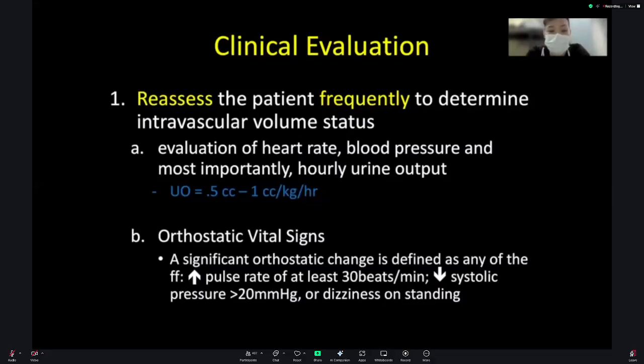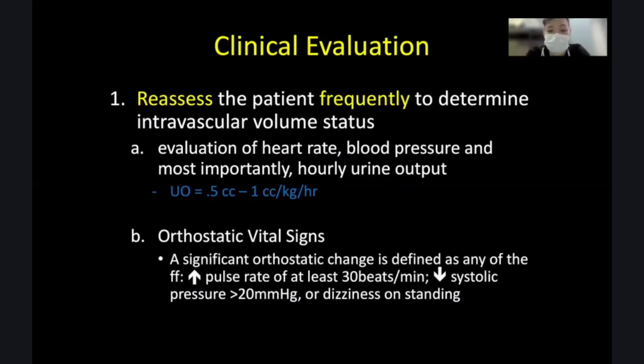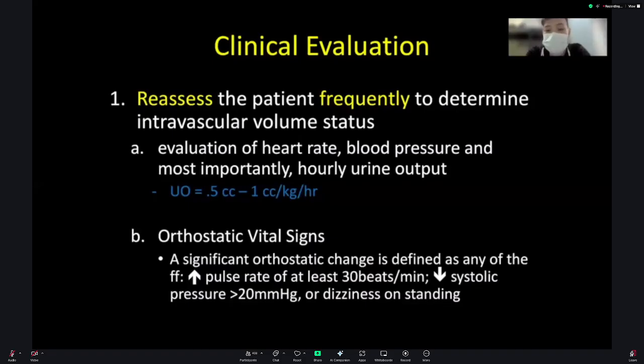This is very important. And how do you assess this? Clinically, you assess the heart rate, the blood pressure, and most importantly, the hourly urine output. So as you know, if you have decreased blood volume, you would have increased heart rate, decreased blood pressure, as well as decrease in the urine output.